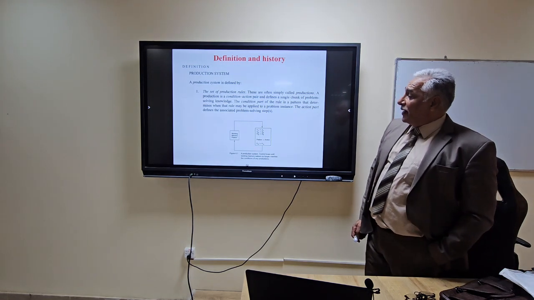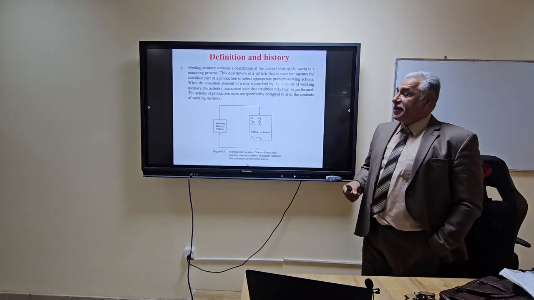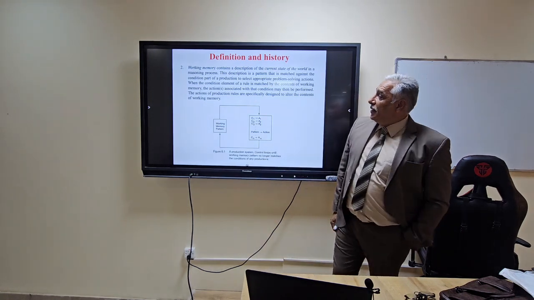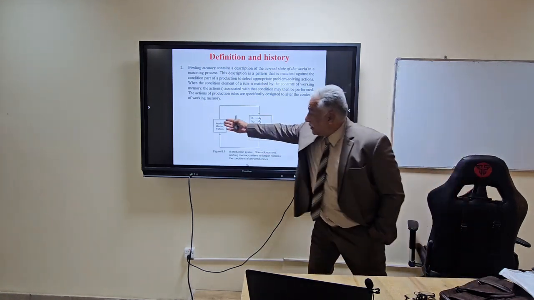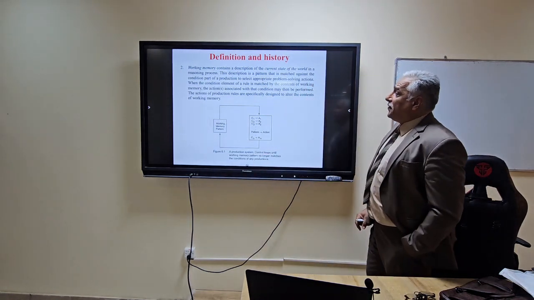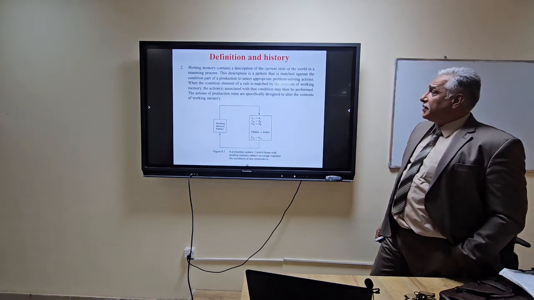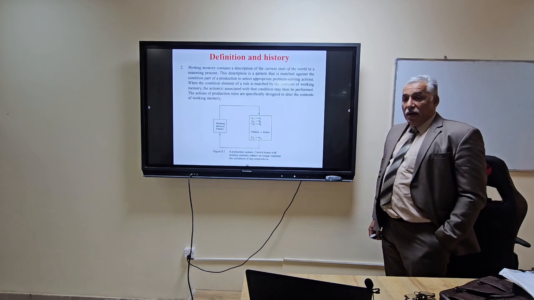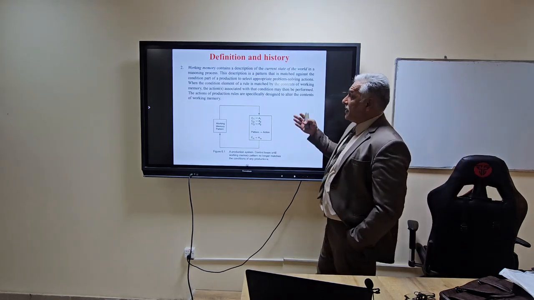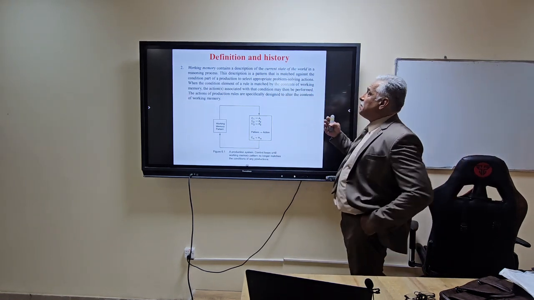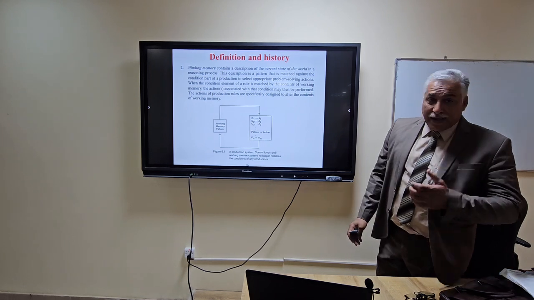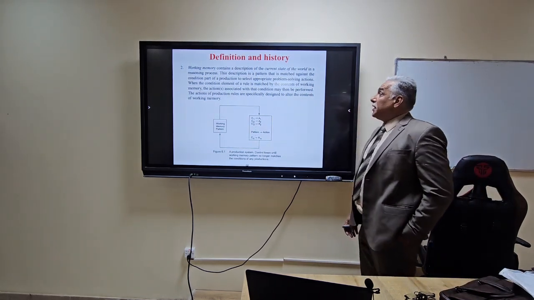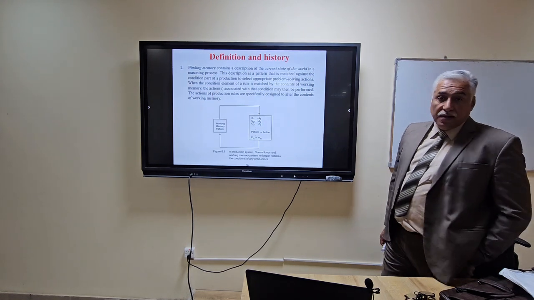Now the second part, the working memory. The working memory contains the description of the current state of the world and the reasoning process. This description is a pattern that is matched against the condition parts of the productions to select appropriate problem-solving actions.